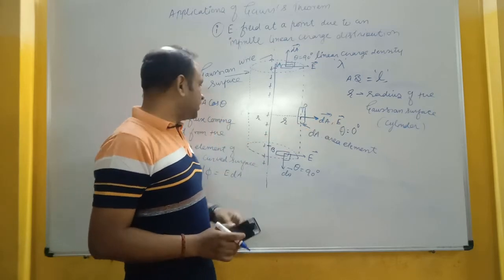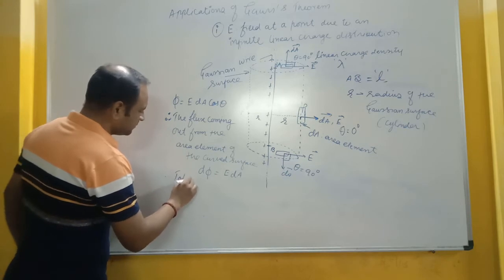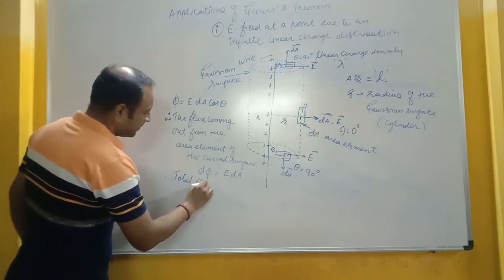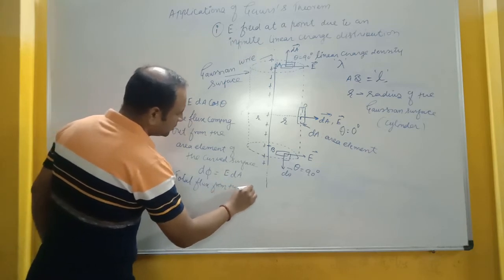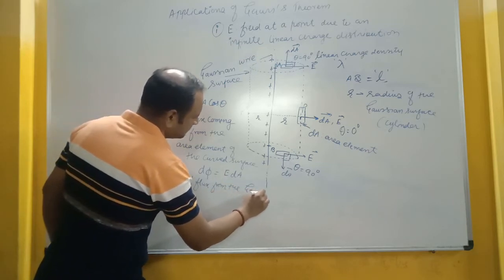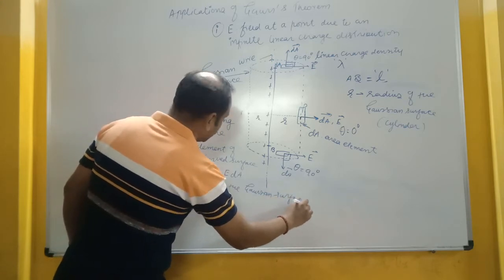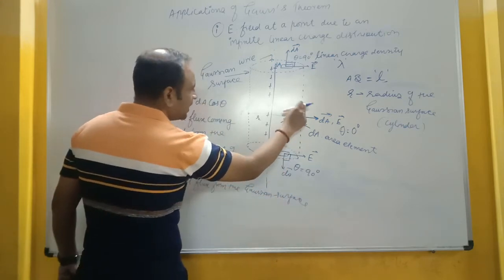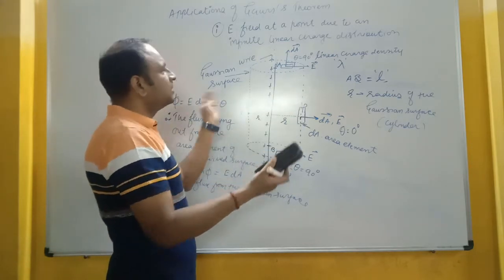So therefore the total flux from the Gaussian surface. I know the flux from this small area element. I want to calculate the total flux from that whole Gaussian surface, which is only the curved part of the cylinder.